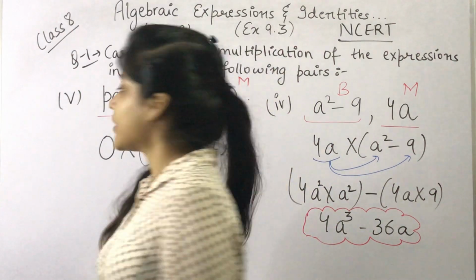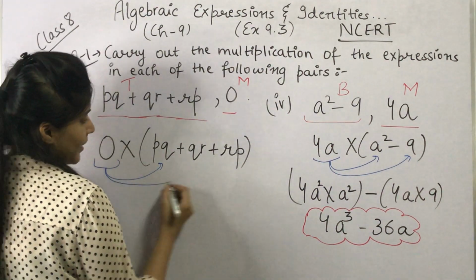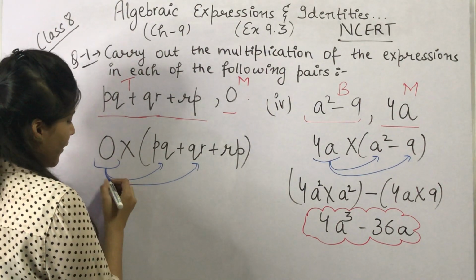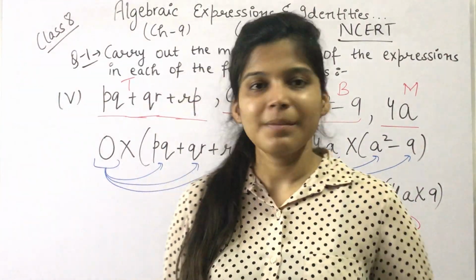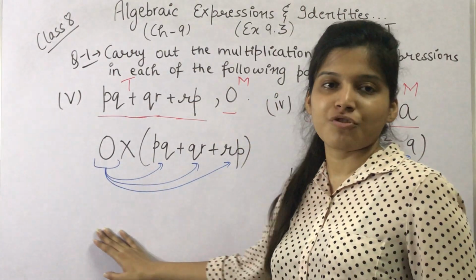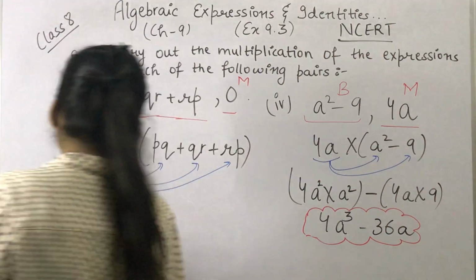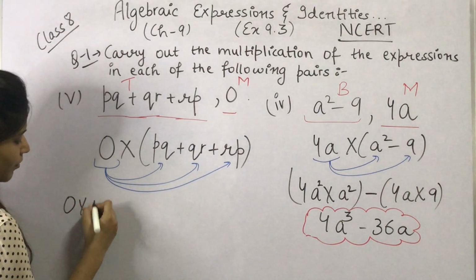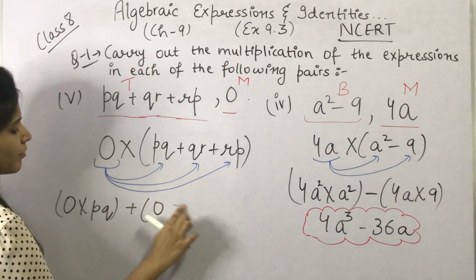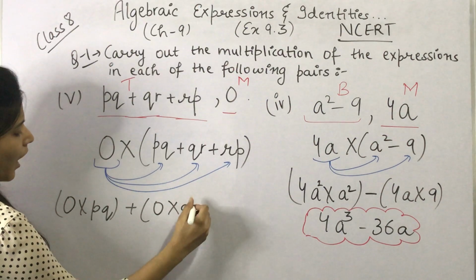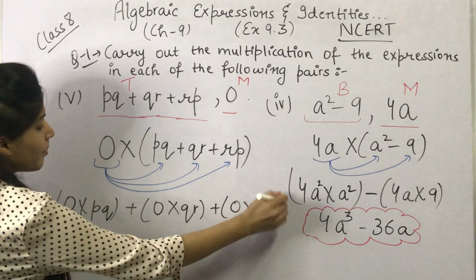Let's see. So first we will be multiplying 0 by PQ, then we will be multiplying 0 by QR, and then we'll be multiplying 0 by our RP. So this is the method to multiply a monomial expression by a trinomial expression. So 0 into PQ plus 0 into QR plus 0 into RP.